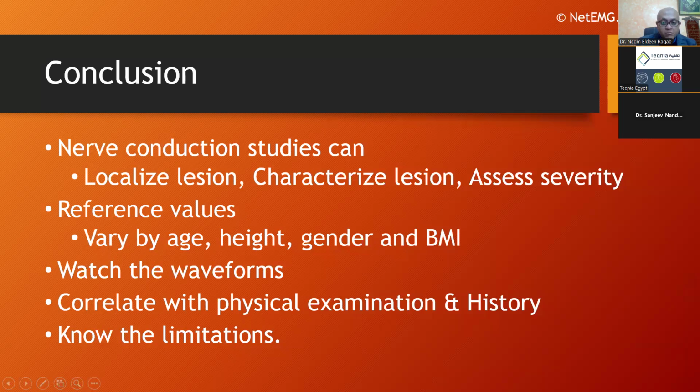The second approach is to calculate the F velocity. So there is a formula. You can take F minus M minus 1 divided by 2, or 2 times the distance divided by F minus M minus 1. And so you estimate the conduction velocity of the proximal segment, and then you compare it with respect to the distal segments.